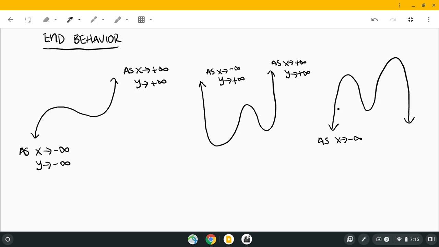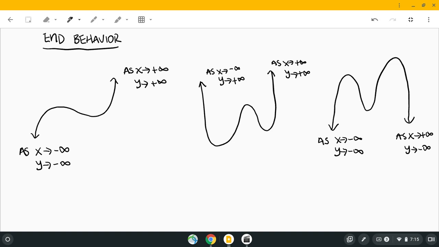As we go towards negative infinity, our graph starts to drop. Our y values start to go downward. And then over here, as x goes towards positive infinity, that's that direction to the right, we see that our graph starts to drop. Our y values go towards negative infinity.